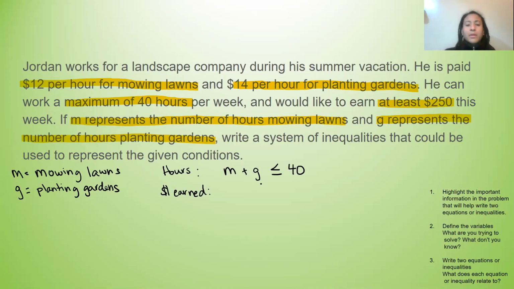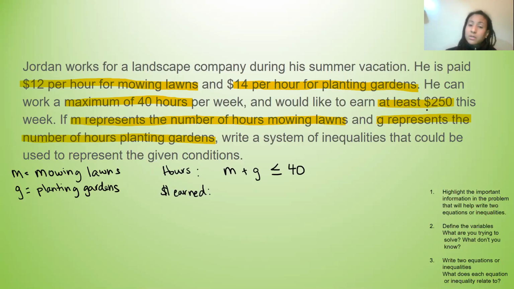All right, and then the next one we're talking about, he wants to earn at least $250. So now keep in mind, if we're talking about earning, we have to take into consideration the value of what everything is worth. So same examples. If we worked 1 hour mowing lawns, how much money would I make? 12. If I worked 3 hours mowing lawns, how much money would I make then?